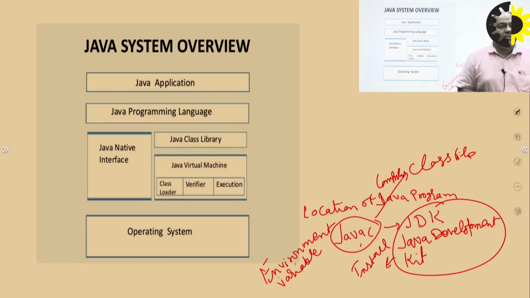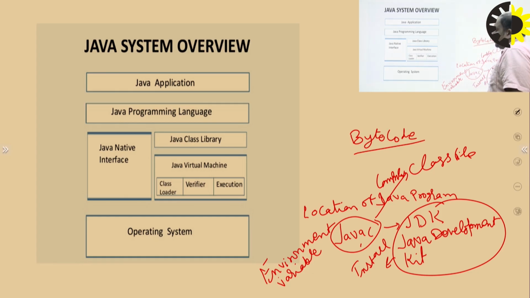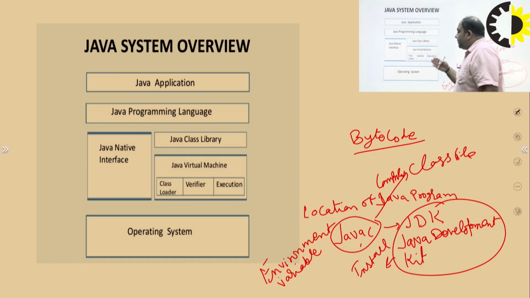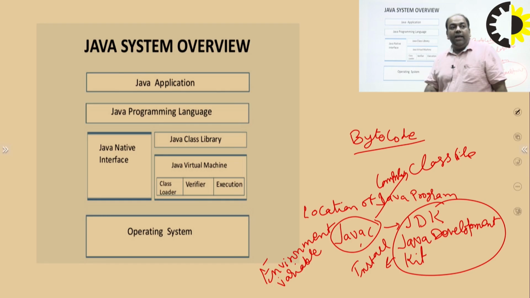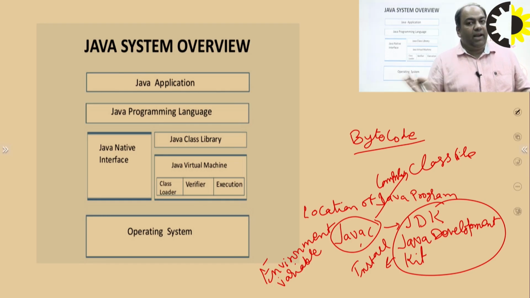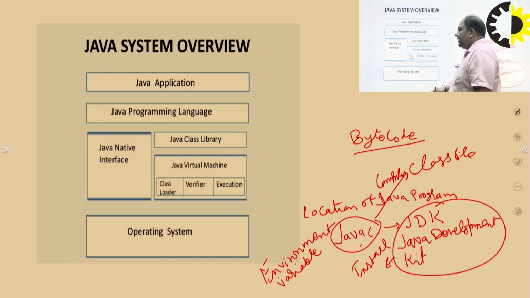Through this Java class file, we create bytecode. So from the operating system, we come into the JVM, which consists of JDK, JRE, bytecode, all these. Then we write code, and when we write many pages of code, we call it a Java application, and this is the Java system overview.